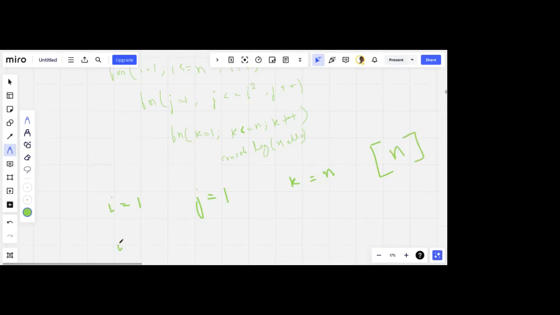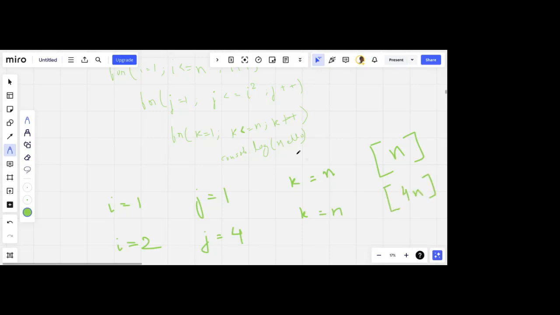Now when i is equal to 2, how many times will the j loop be executed? 4 times. The k loop is executing n times only. So in total it would be 4n.